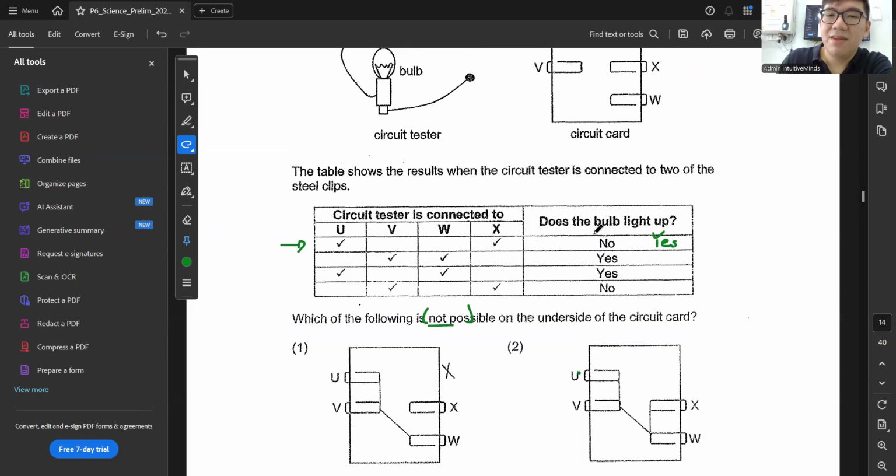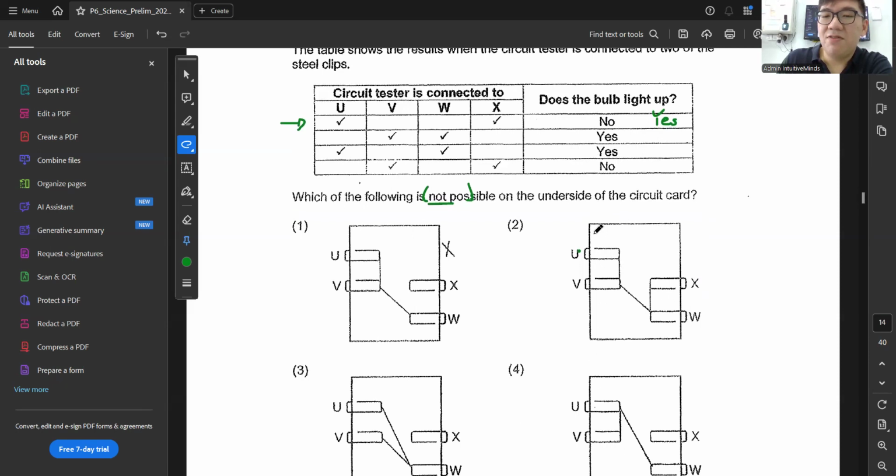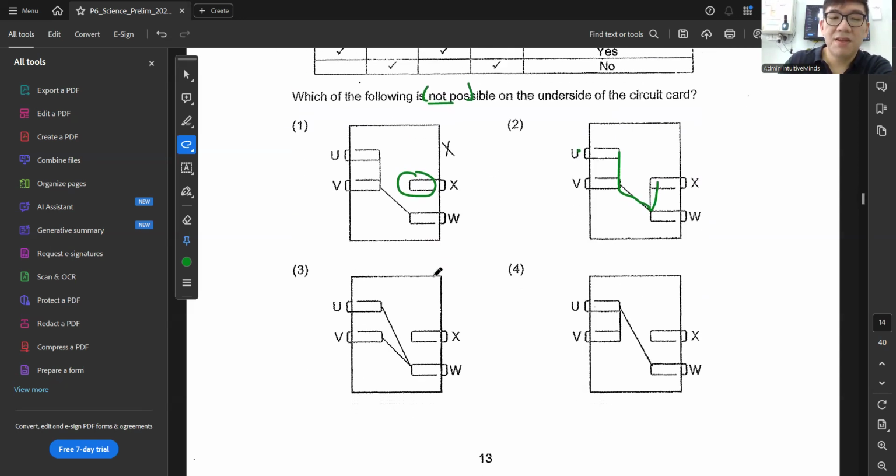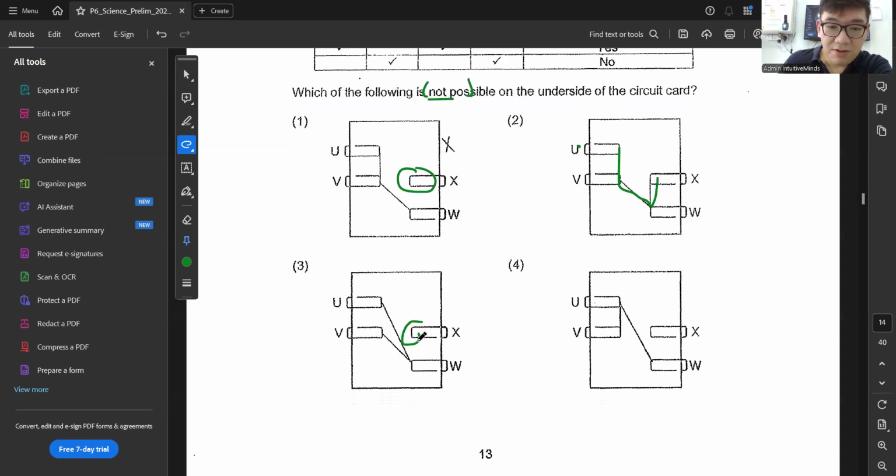So the takeaway is, so long as there is a line connecting them, it will light up. You see here, there is no line, so it won't light up. Here again, no line connecting, so it won't light up. If I draw it like that, then it will light up.